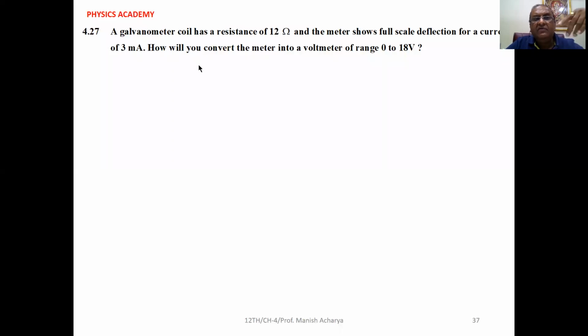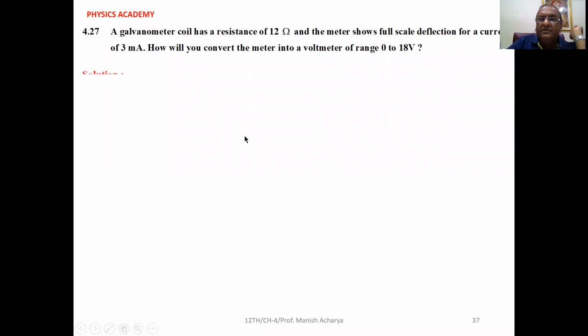4.27. A galvanometer coil has a resistance of 12 ohm. And the meter shows full-scale deflection for a current of 3 milliampere. How will you convert the meter into a voltmeter of range 0 to 18 volt?